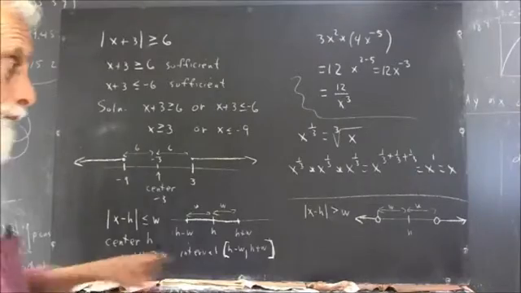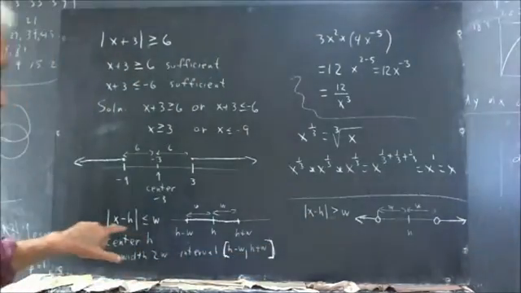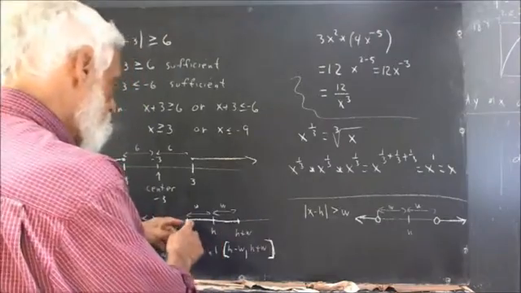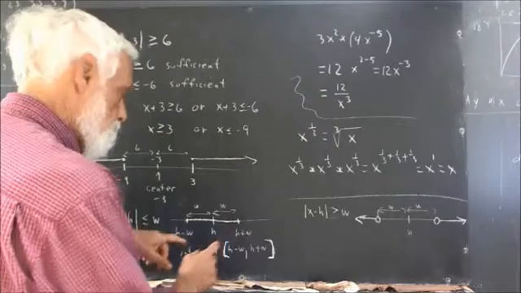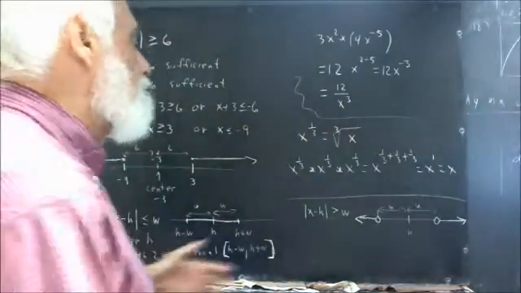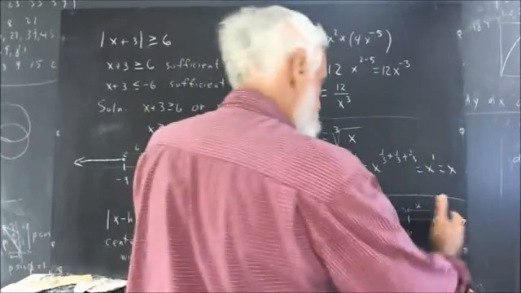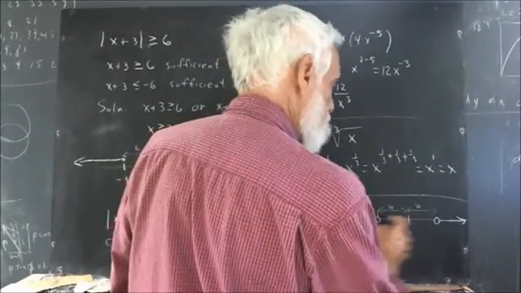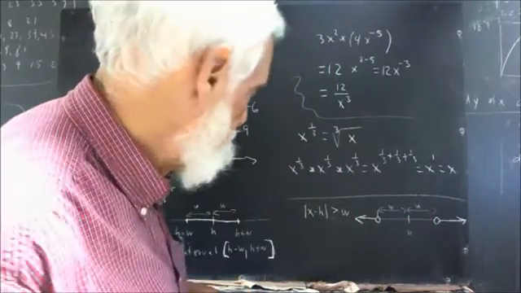So, the numbers that satisfy this inequality will be exactly the numbers that don't satisfy this one. The numbers that satisfy this one are the numbers between here and here, between w units to the left and w units to the right of h. So over here, the solution set to this is going to be everything that isn't between here and here, w units to the left, w units to the right of h.